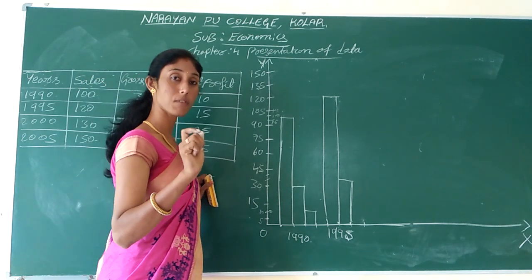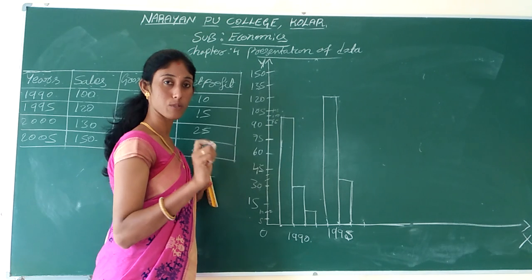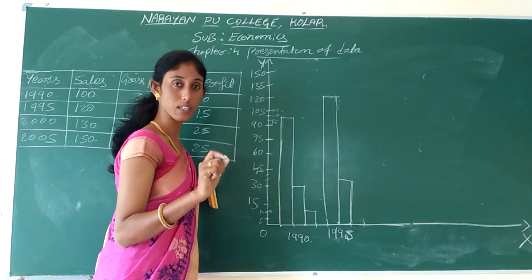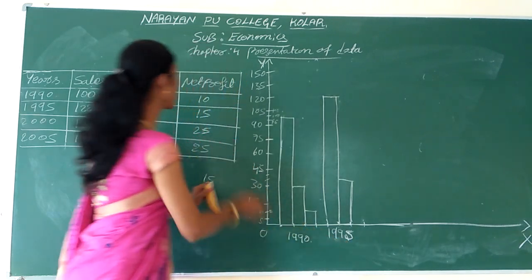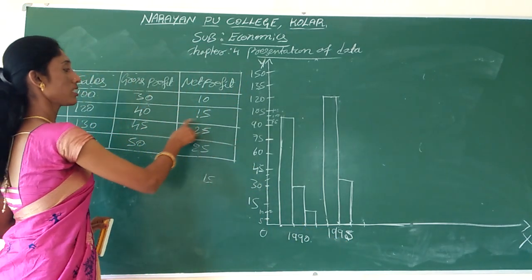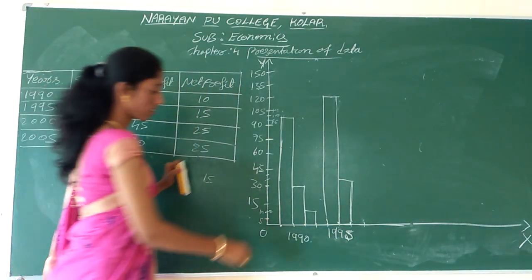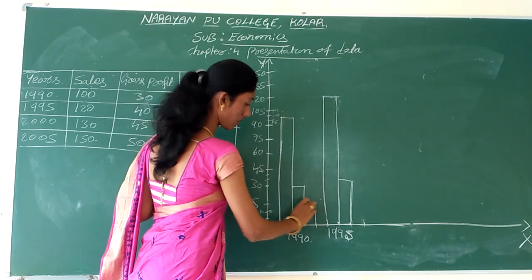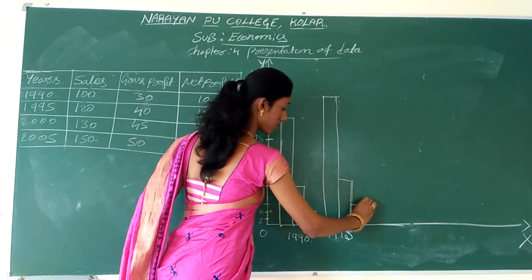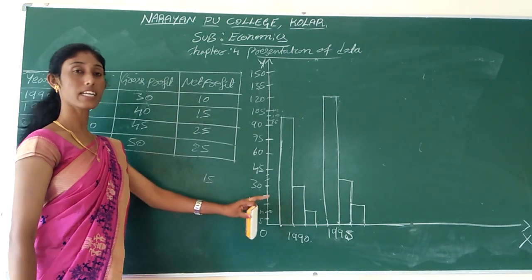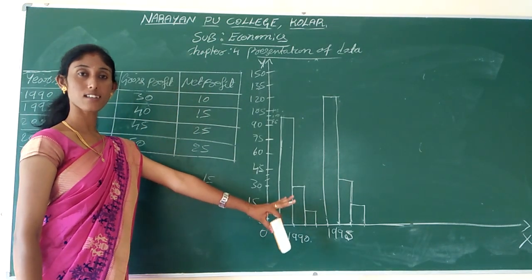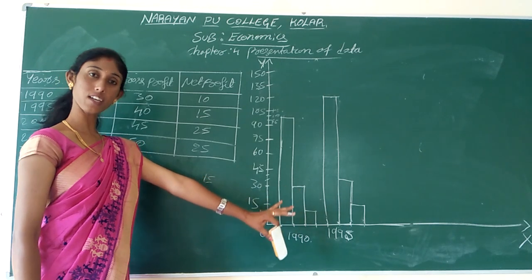You should have these materials with you while watching the video to draw. Okay. And now come to the 1995 net profit, which is 15, right? The 15 comes here. Now we have got the 1995 sales, gross profit and net profit of the company.